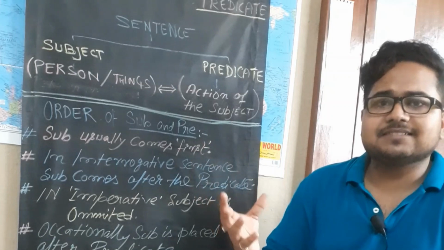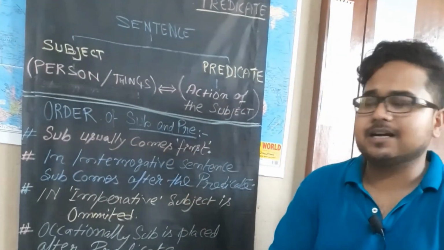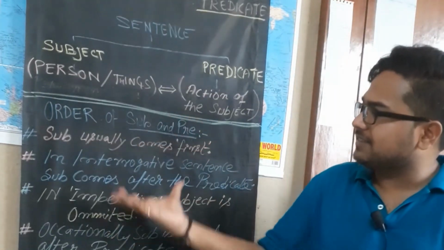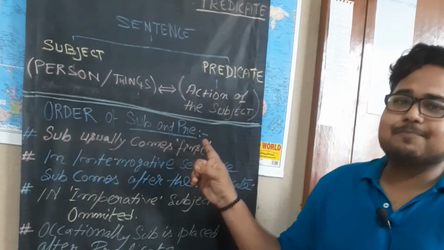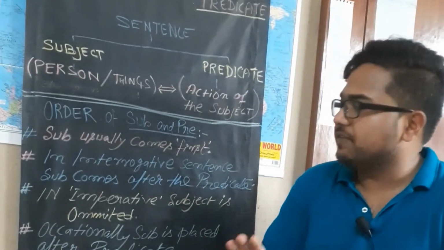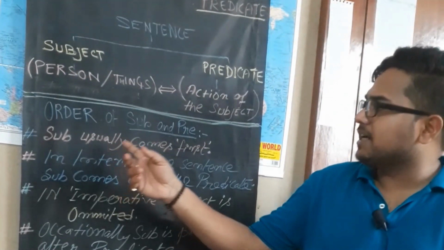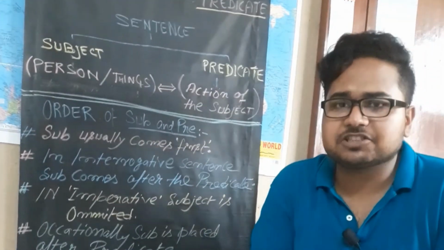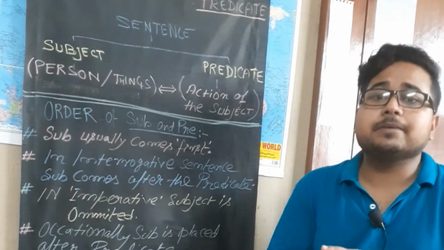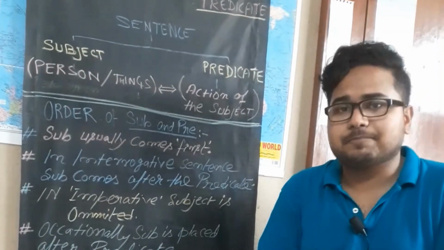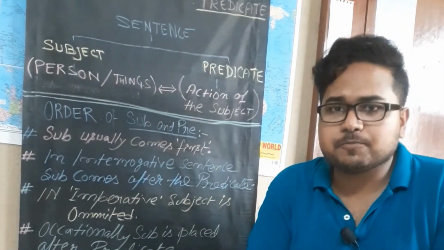Your exercises are coming in this way, that you have to take out the subject and the predicate part. Here these points are going to help you because this is the order of subject and predicate in a sentence. If we go to the first order, that is the assertive sentence, the subject usually comes first. In assertion, when you are defining something, whether positive, affirmative or negative, the subject usually comes in the first portion.